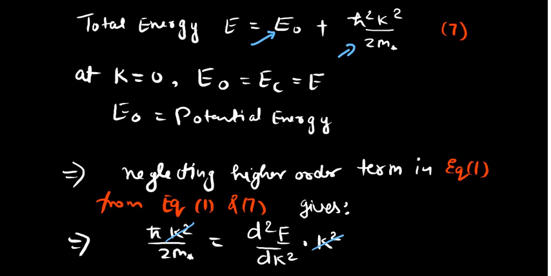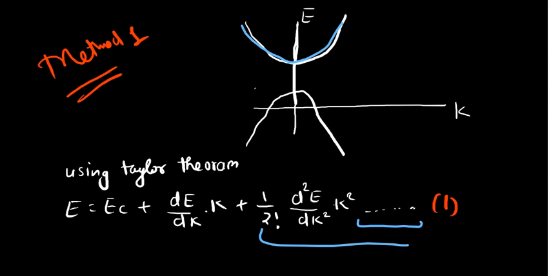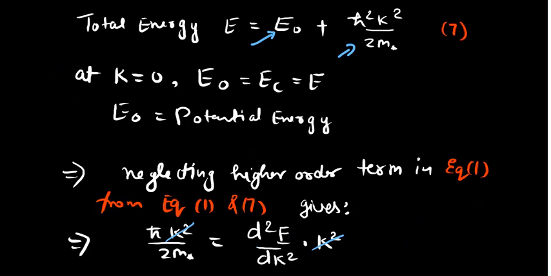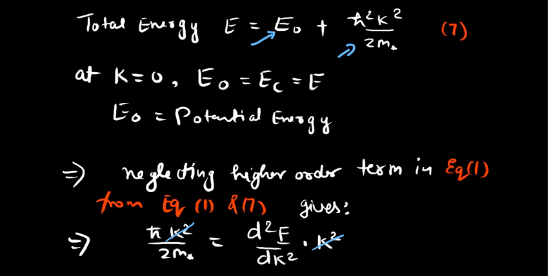So we can equate equation 1 and equation 7. What is equation 1 here? Equation 1 is this one, and equation number 7 is this one. We equate these two equations. So E naught will be equal to E_C and E is equal to E. That is why we get h bar square K square upon 2m is equal to d2E upon dK2 into K square.